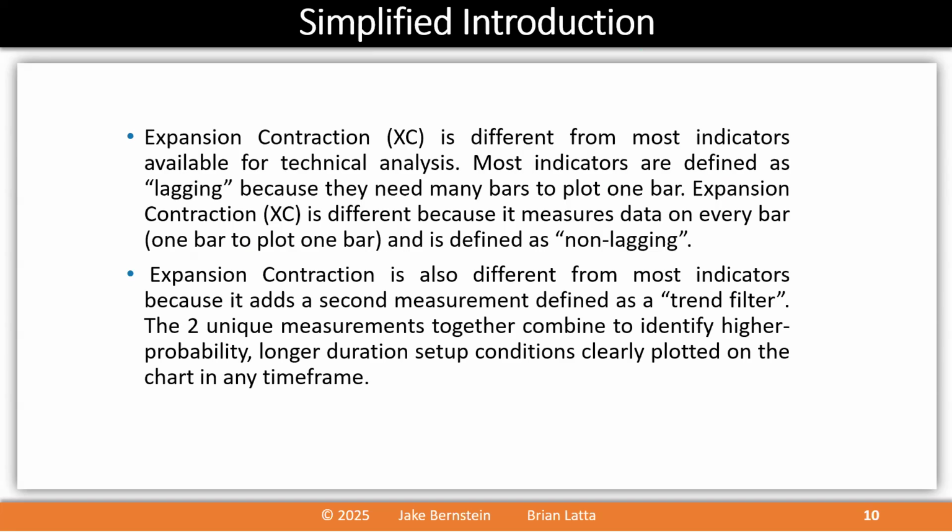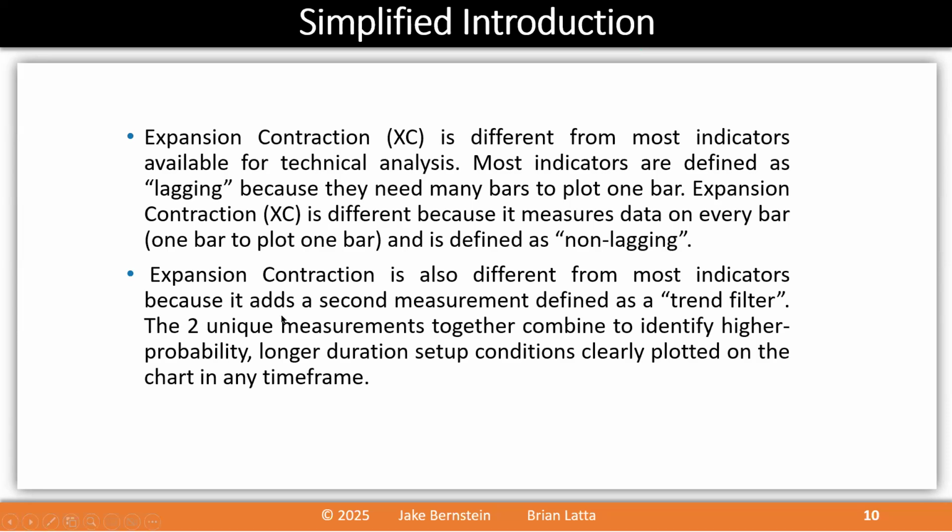It is non-lagging in itself, since most indicators like moving averages, RSI, stochastic, default type indicators are generally lagging because they need many bars to plot one value on the chart. Expansion contraction measures data on every bar, and it's using Jake Bernstein's moving average channel to identify how fast price is moving up or down through the range defined by Jake's moving average channel.